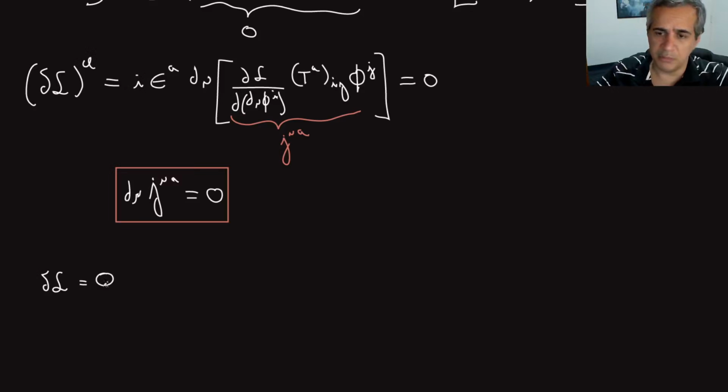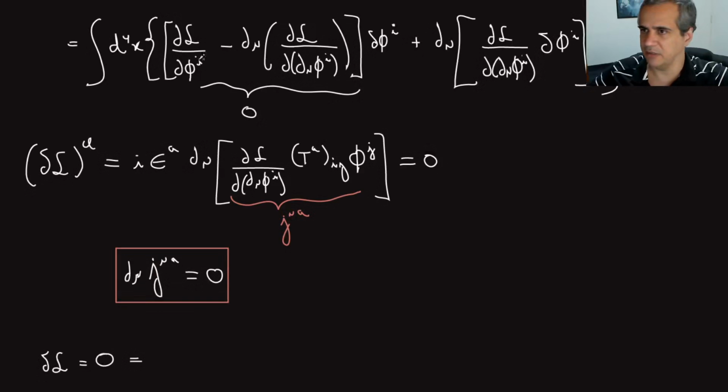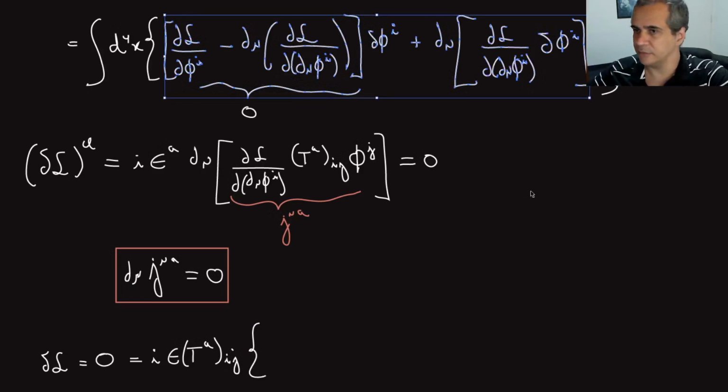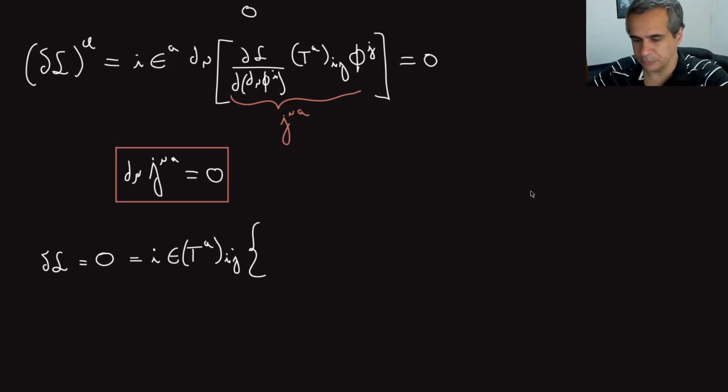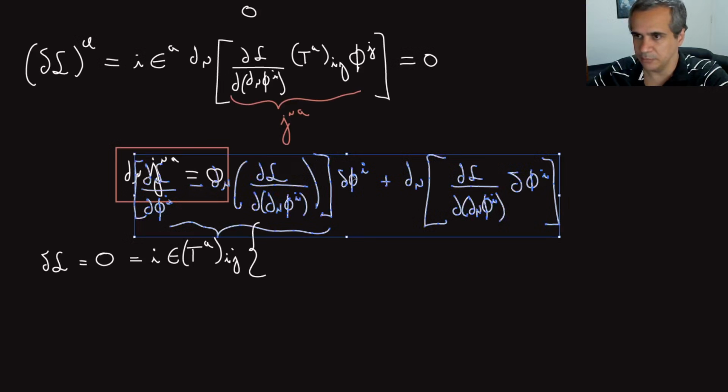This will still be zero if I keep this as a symmetry of the Lagrangian. And that means that, let me rewrite this expression: this whole thing is now i epsilon T A ij times that thing in the brackets. So I can copy all this here.